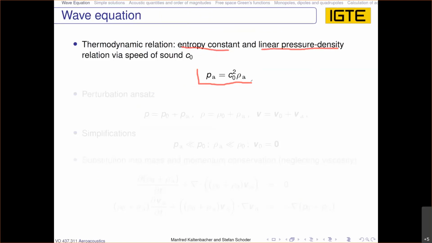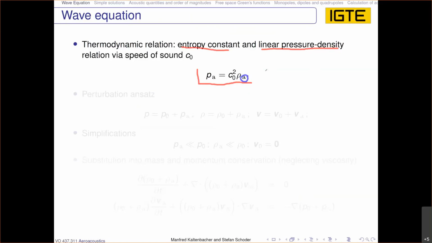So the A always means, so I should perhaps write it down. Okay, it is not working in this way, but we will see soon. So the A here, I take another color. The A here means acoustic.